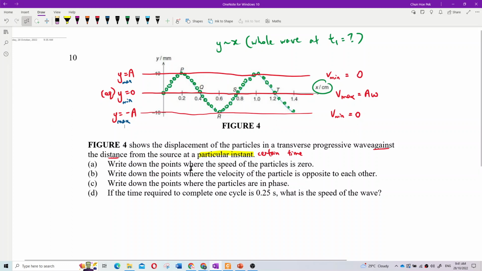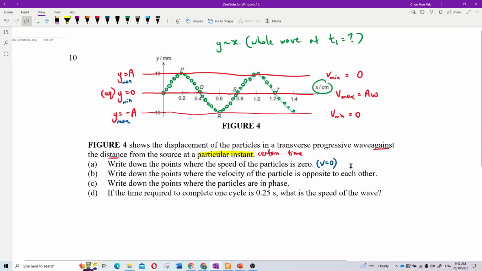Write down the points where the speed of the particles is 0. Which particle has v equal to 0? P and R. Q, S and T are the fastest. P and R are not moving at all. They are about to change direction, moving downward.